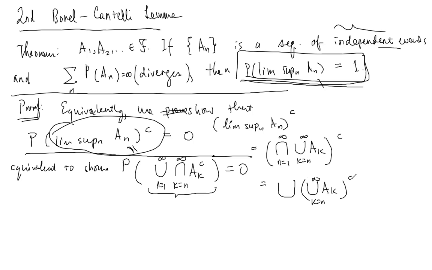So the C comes in here. All right. So this is De Morgan's law. And then this becomes union of, so this one you apply again the complement of the union, it becomes intersection, and the C goes in.